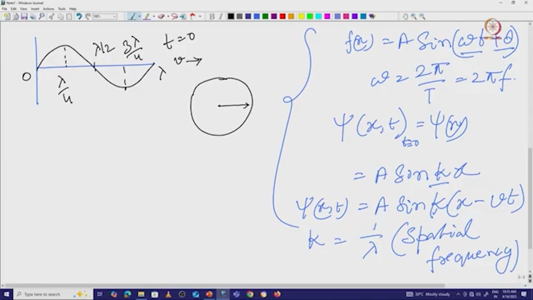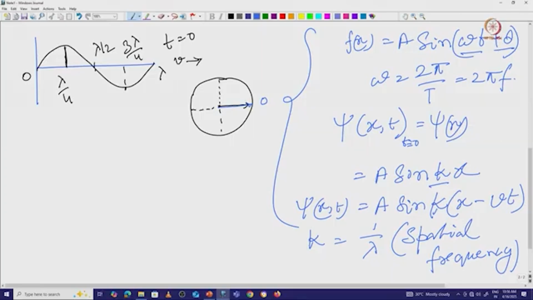This length is equivalent to the amplitude of this wave, and we are starting at the 0 position. This is my y axis, this is my x axis. Now, I will use a different color. At 0 your wave will stay like this, so there is no change in the angle.